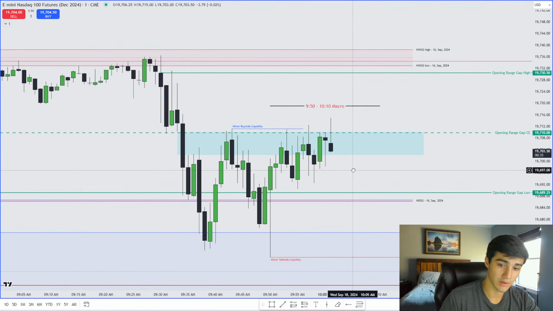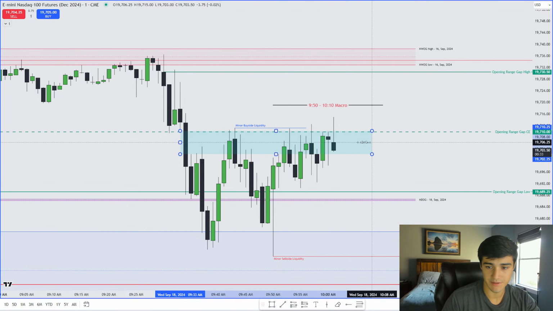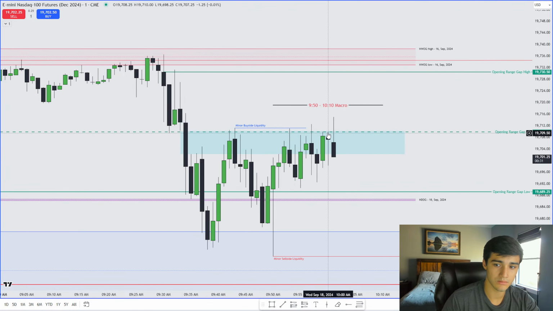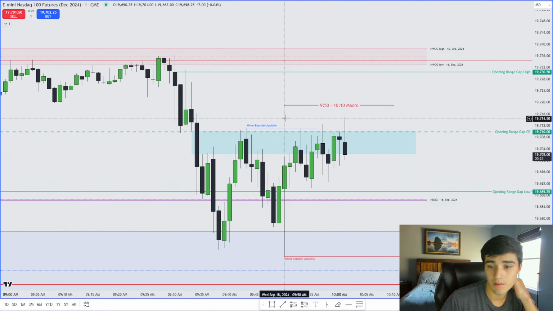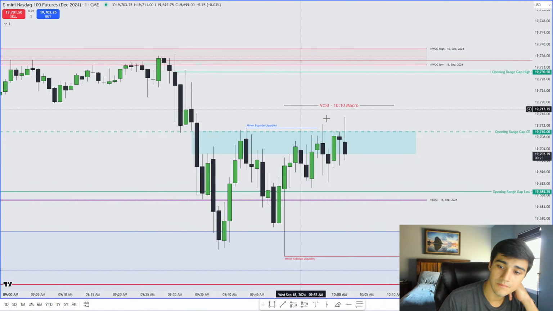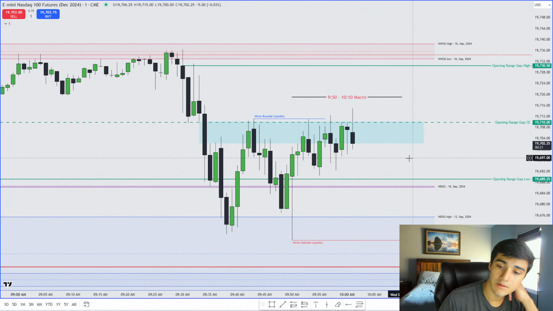Still cannot get over the first presented fair value gap. This thing is acting like a brick wall. This is exactly what you would expect before FOMC.